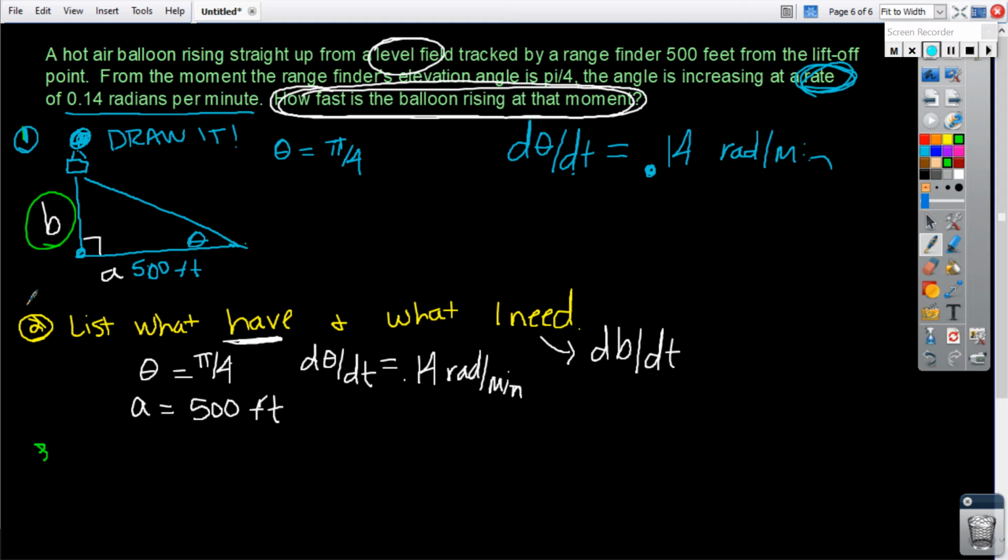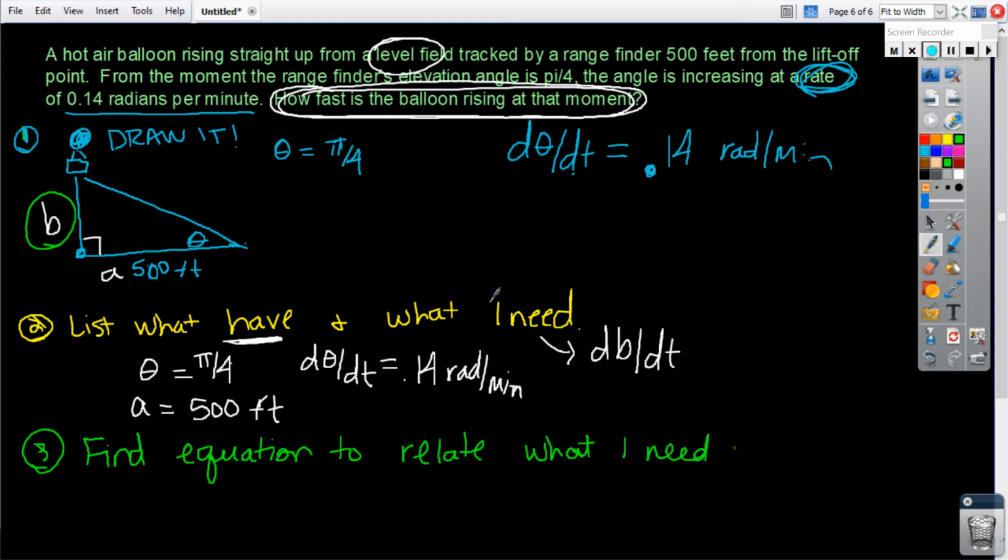So that's my next step: to find an equation that will relate what I need to what I have.